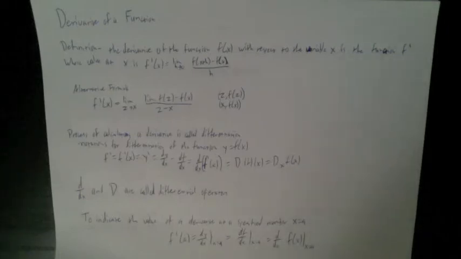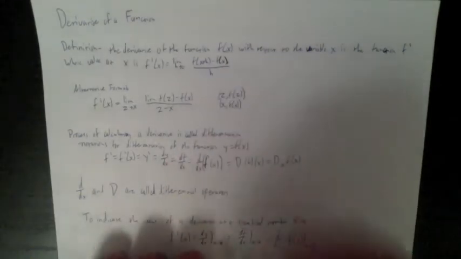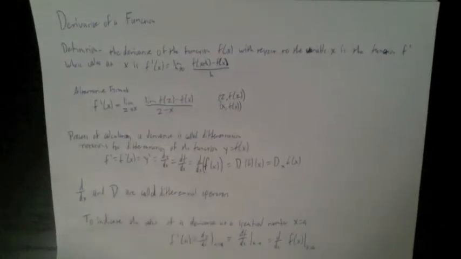Notations for differentiation of the function y equals f of x: f prime of x, which equals y prime, which equals dy dx, which equals df dx, which equals d dx of f of x.